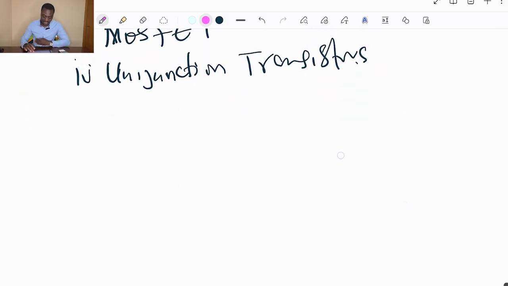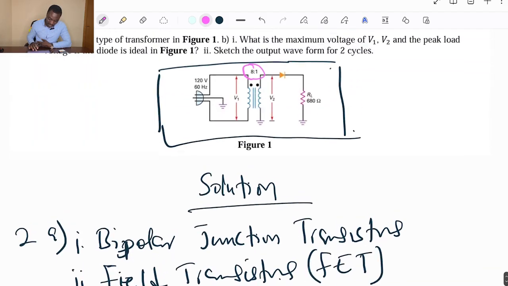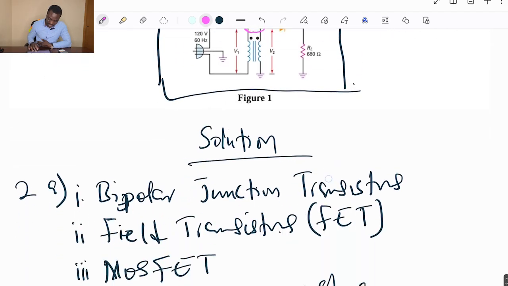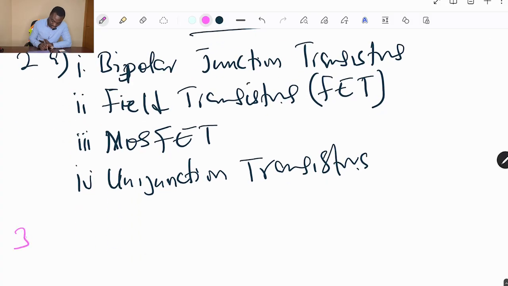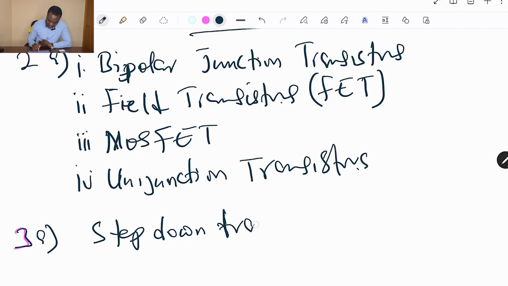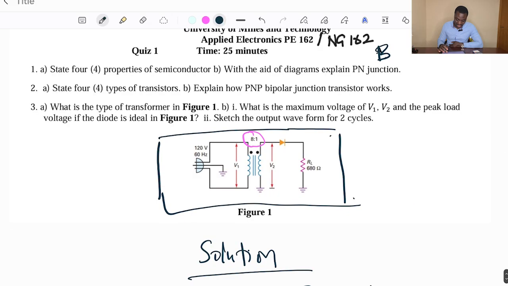So the type of transformer in 3A is a step-down transformer.